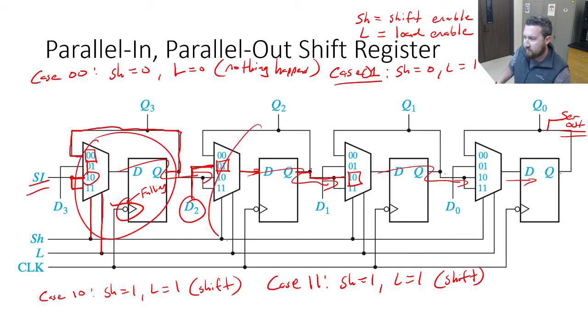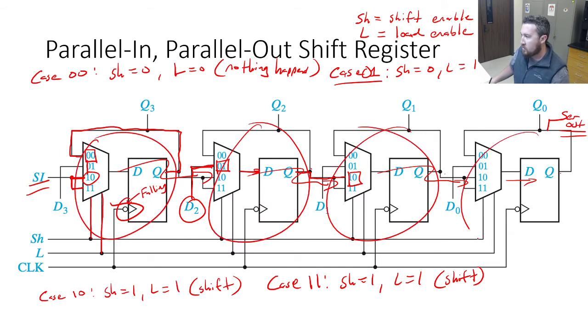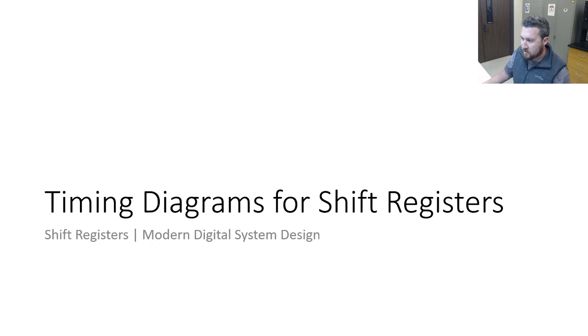So here is a 4-bit parallel in, parallel out shift register, but SI itself never has a bus. There's never going to be a 4-bit serial bus. That doesn't happen. Serial is 1 bit all the time. Did that answer your question, Joshua? Cool. That's a good question.